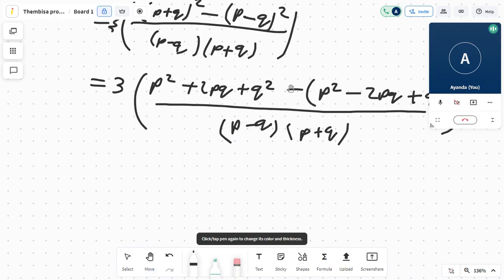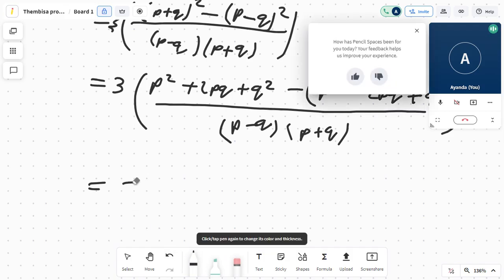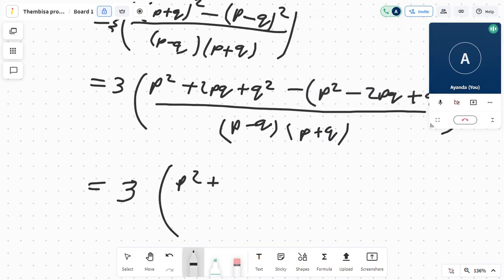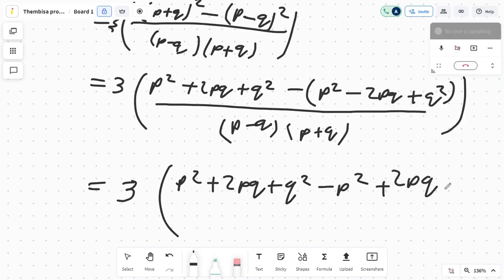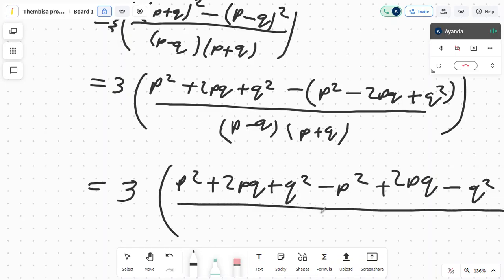Now we need to distribute this negative into the bracket. And we're left with 3 times (p² + 2pq + q² − p² + 2pq − q²), everything divided by the LCD (p − q) times (p + q).